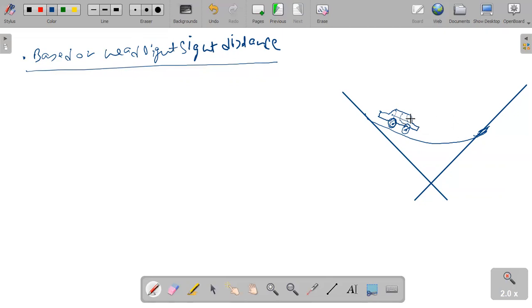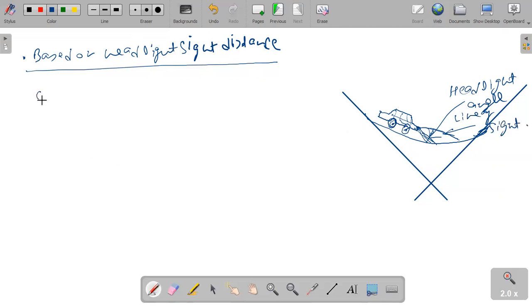So this is the impact, something like this. This angle is the headlight angle, the headlight angle of this car. Basically, this car has a headlight here, which is something like this, and this angle is the headlight angle. And this line is the line of sight.